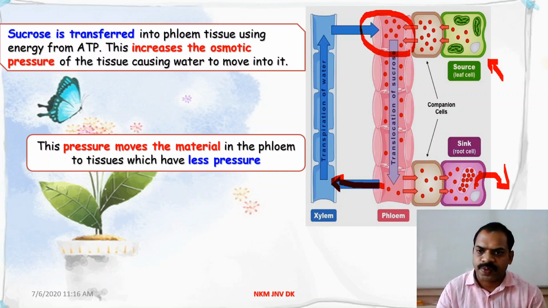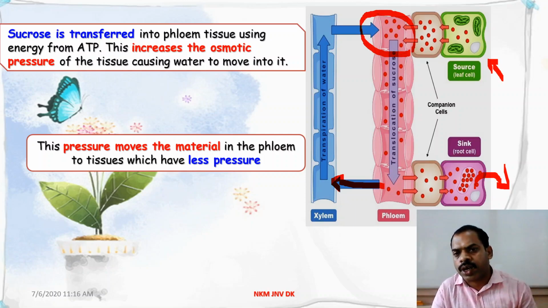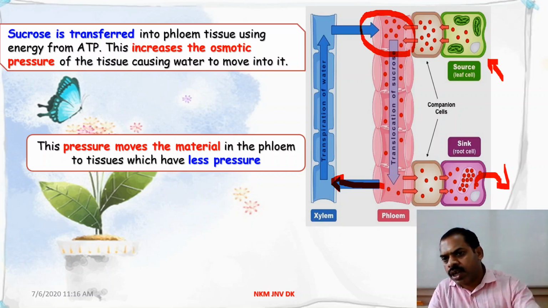Now think, the plant has stored food in the roots. And the conditions are not favorable for the growth, but it needs to survive. The food is required. So what happens to the cells where it is stored? They act as source, and where the cell is required for growing region, bud, etc., fruit, there it acts as a sink.